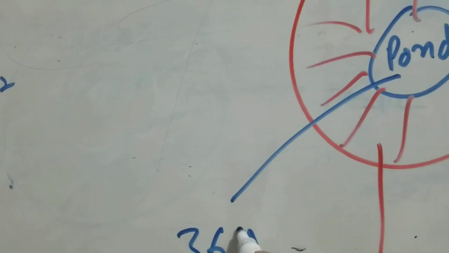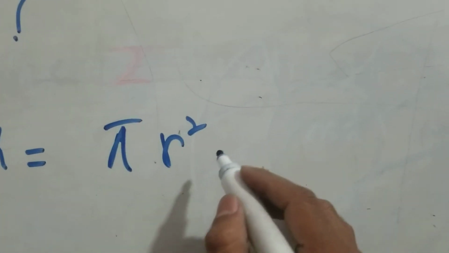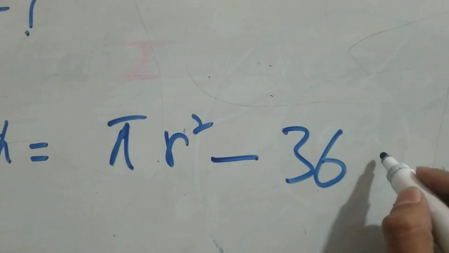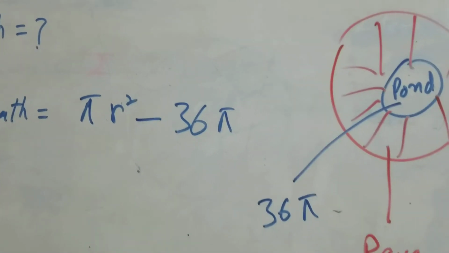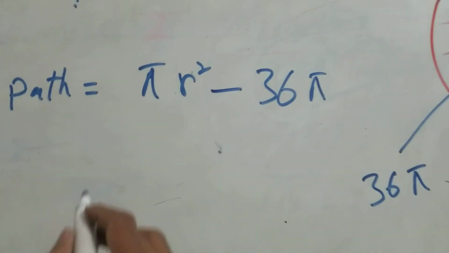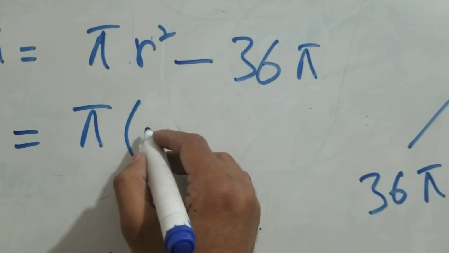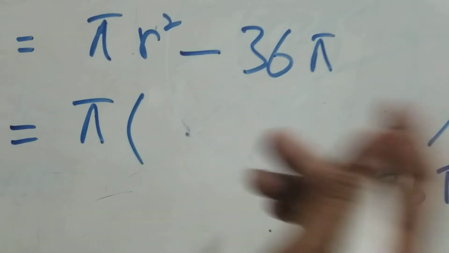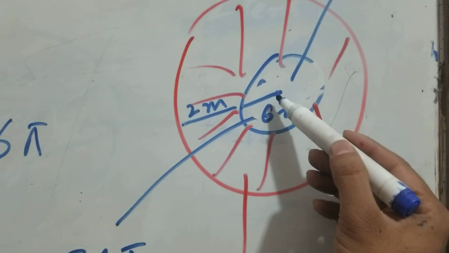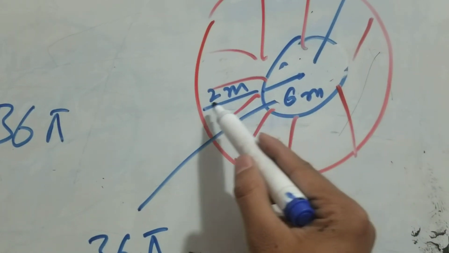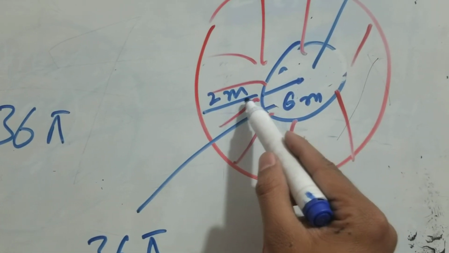We found the value in part 1. So we subtract 36 pi from this area. Okay, what is the value of r? It's 6. 6 is the radius of the pond and 2 meters is the width of the paved path.